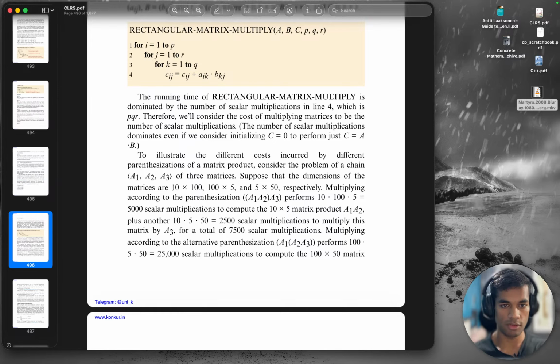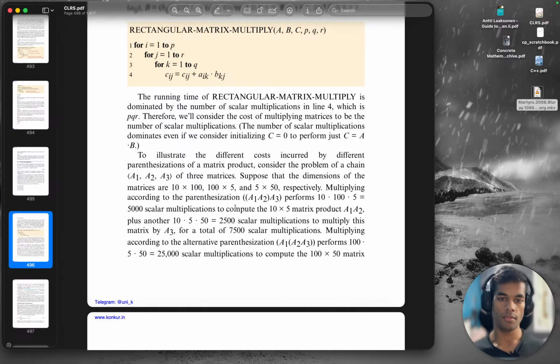So A1's dimensions are 10 by 100 and A2's dimensions are 100 by 5. Therefore, the total number of scalar multiplications is going to be 10 into 100, which is 1000, into 5, which is 5000 scalar multiplications to compute that. And then the resulting matrix will have a dimension of 10 by 5.